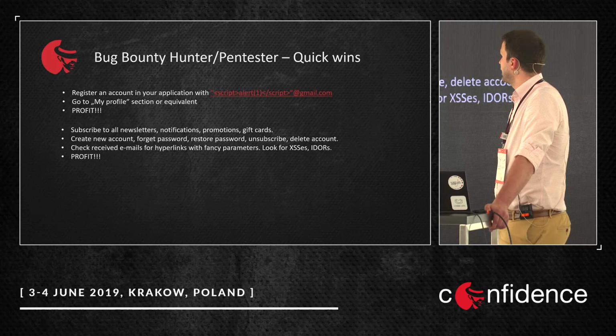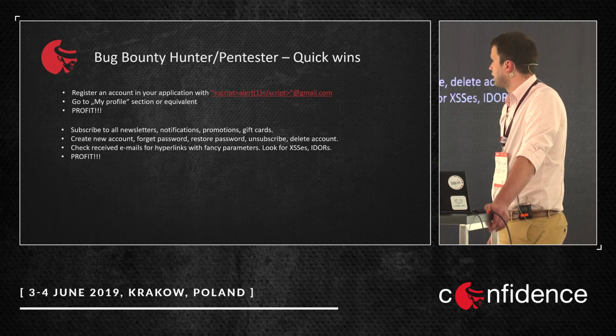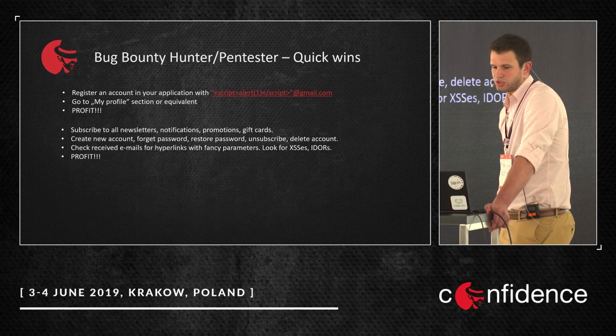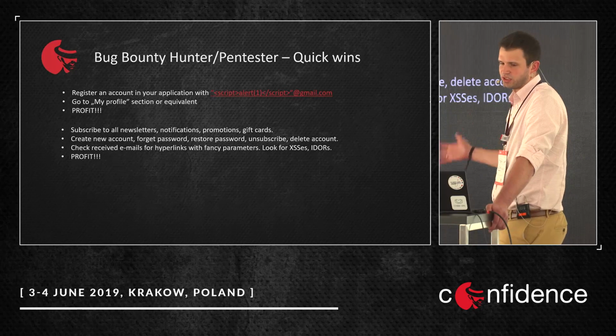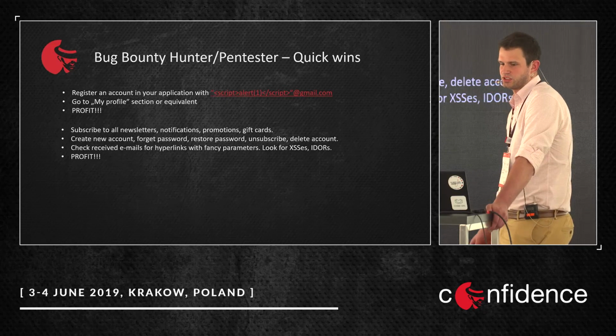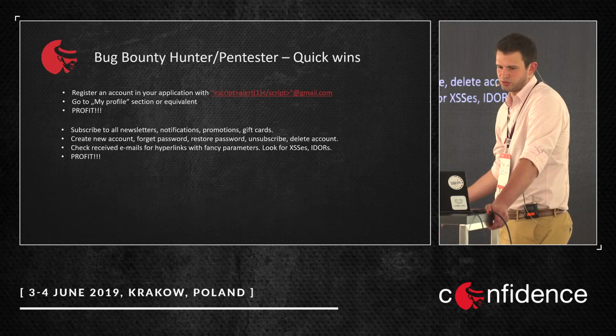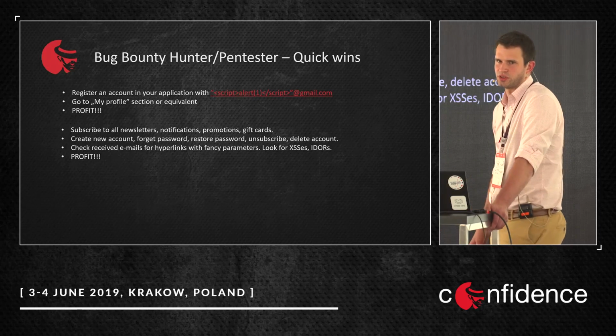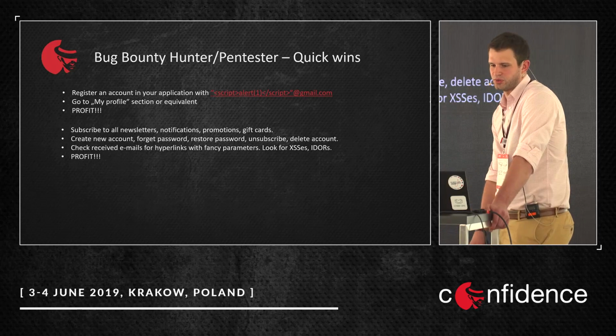Second thing, if you have a web application which has email sending capabilities, you can subscribe to all the newsletters, notifications, promotions, gift cards, whatever, and look for vulnerabilities there.